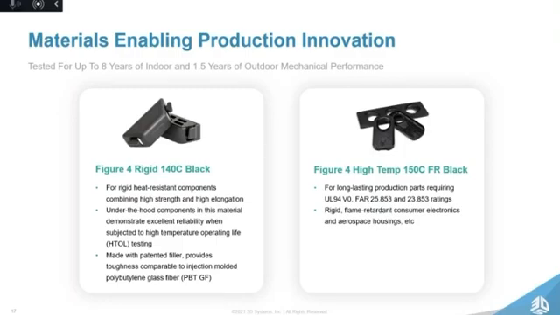So enabling parts to perform in a production environment means having a range of materials that are suited to everyday applications. Often a requirement of an engineering part is that it's resistant to many external forces, such as temperature extremes, as is often very common. Well, we know it is very common within the automotive space.